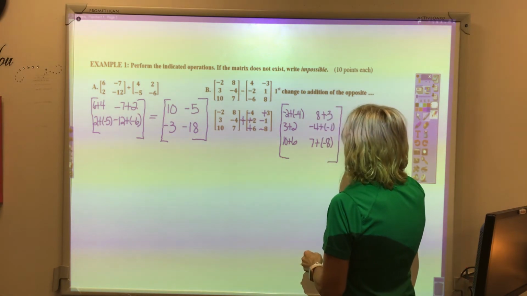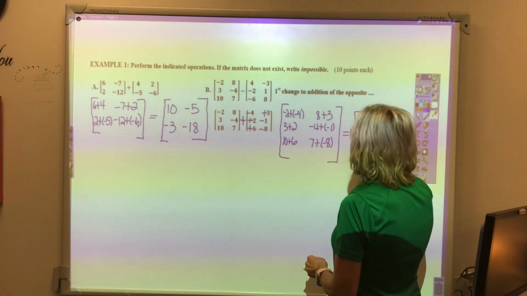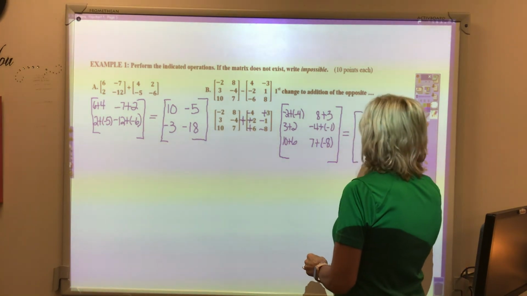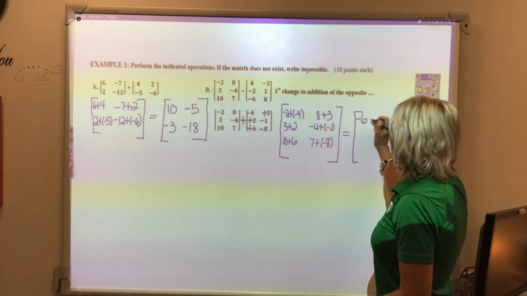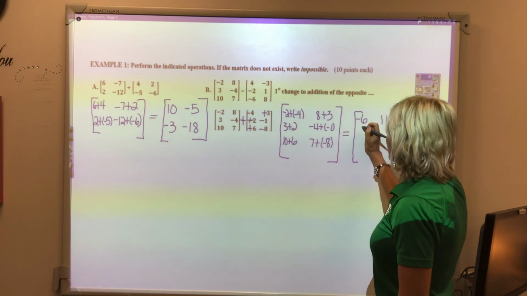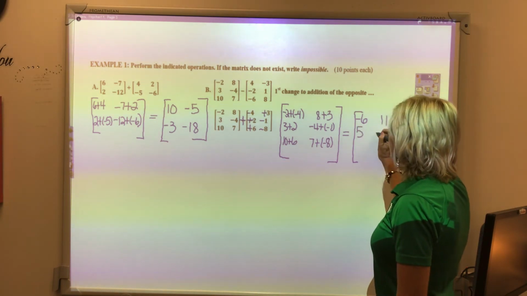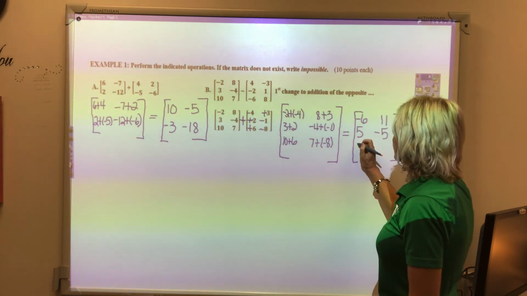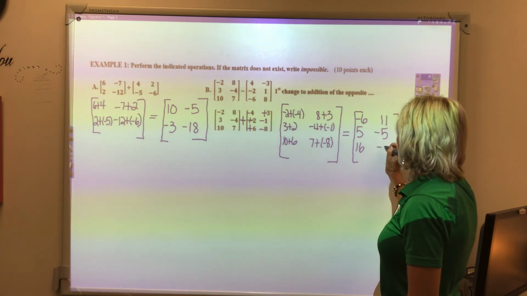So I'm going to simplify, and I will have -6, 11, 5, -5, 16, and -1.